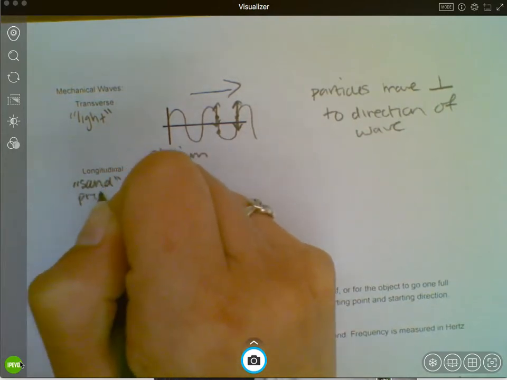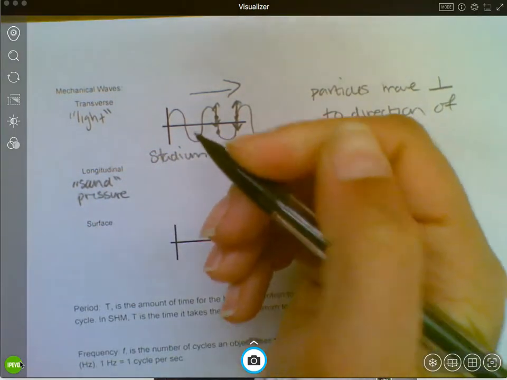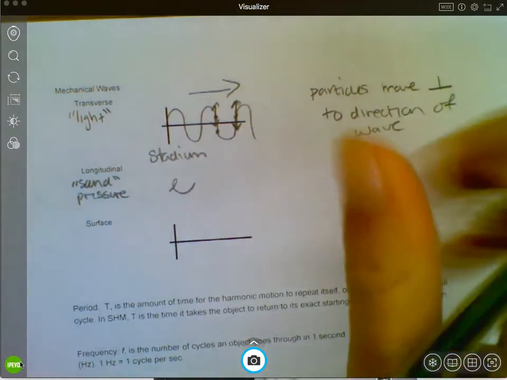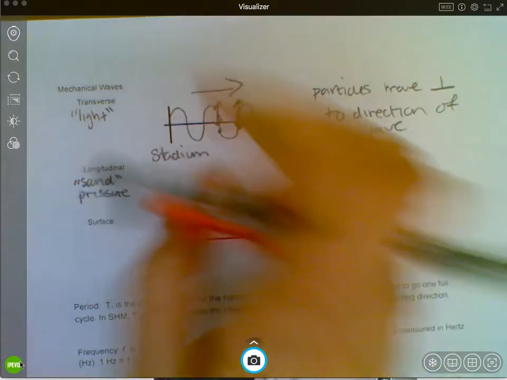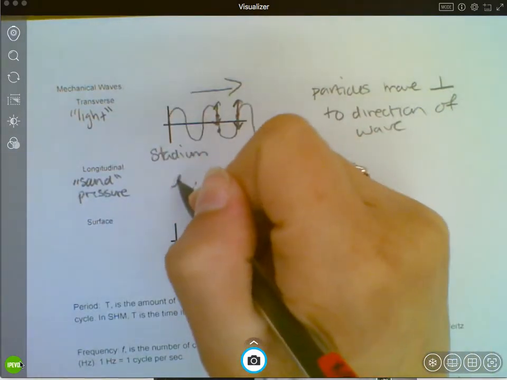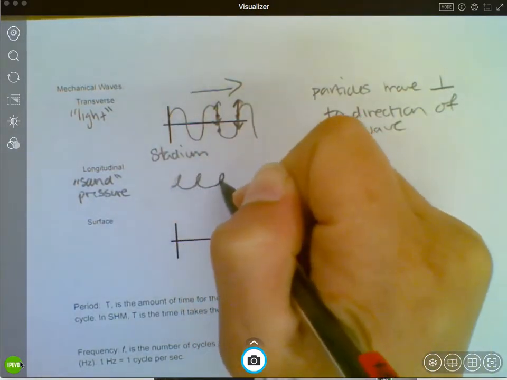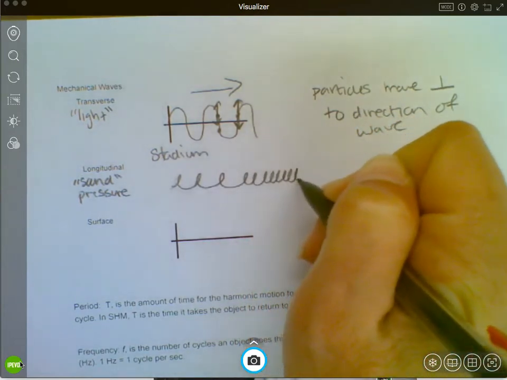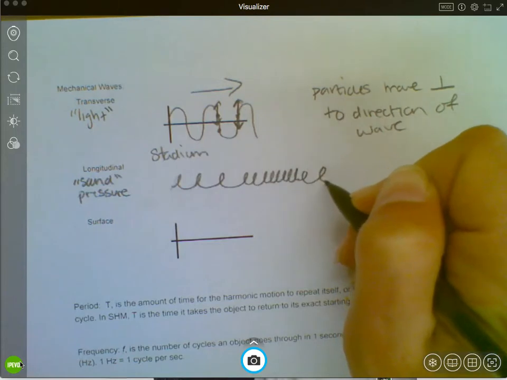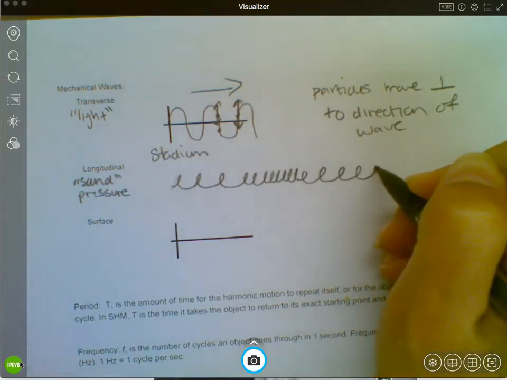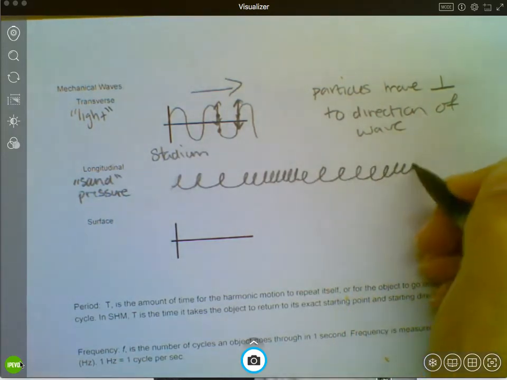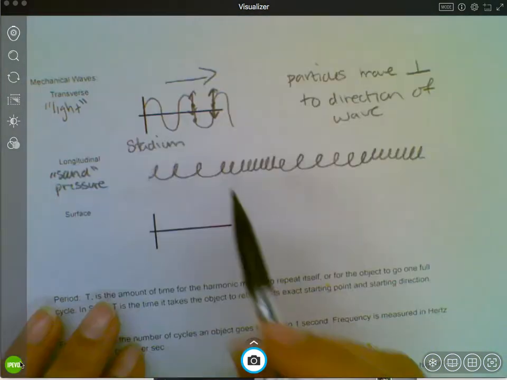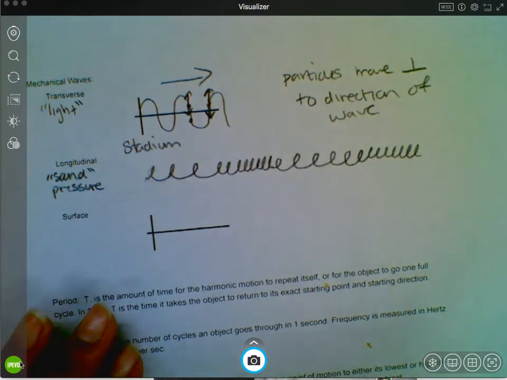Sometimes we call this a pressure wave. Okay, and these waves look like this. They have sort of, let me do a better job here. They have sort of spots where they're very compressed, and then they sort of have spots where they're more decompressed. Okay, so it's like taking a slinky and sort of pushing it.